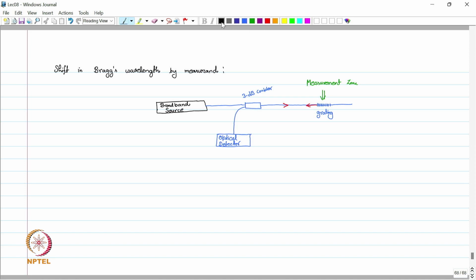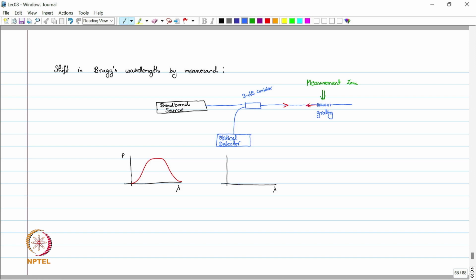And now if we plot the input and output, we send an input where we have all the wavelengths, and at the receiving end, at the optical detector, we receive the input to the optical detector.